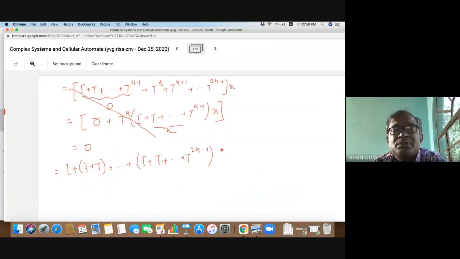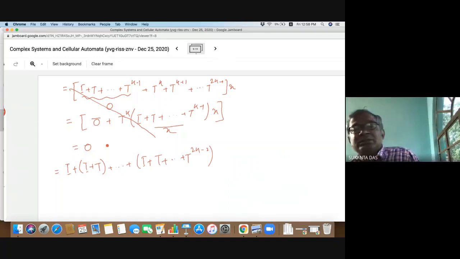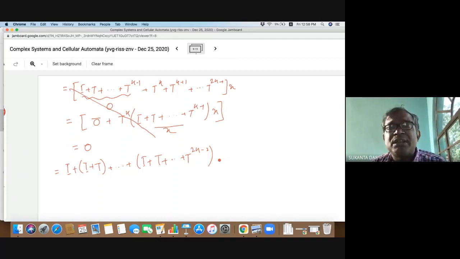Okay, I shall deal with the f later. So first put this, then I get this one. Let me simplify it first, then I shall multiply the f later.